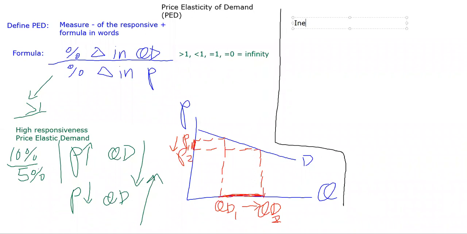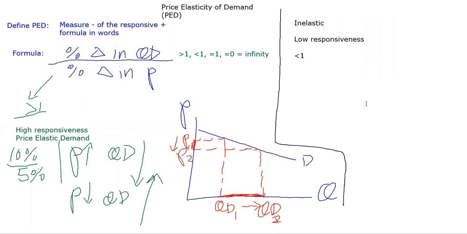inelastic, what we can call price inelastic demand, this is low responsiveness of quantity demanded to price. This gets a value of less than 1, right? So basically the idea is the change in quantity demanded is less than the change in price, because numerator की value छोटी है denominator से.